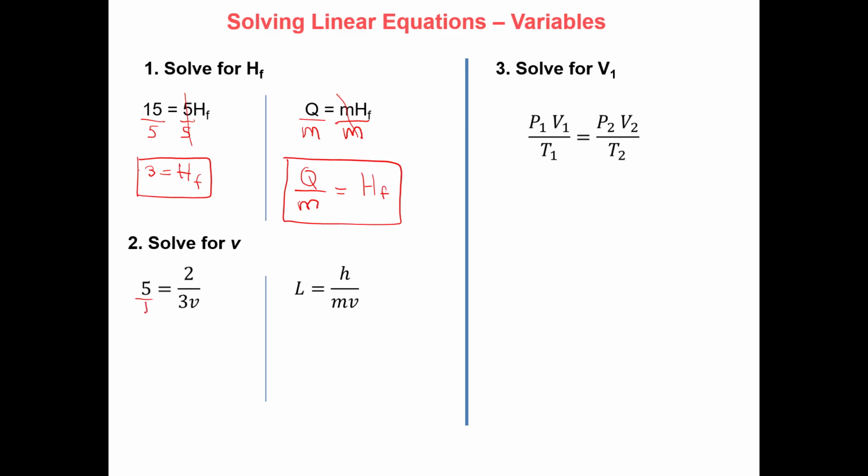Then 5 times 3, let's write, is 15v. 1 times 2 is 2. Because we want to solve for v, we need to divide by 15. 2 over 15, and this is the answer.